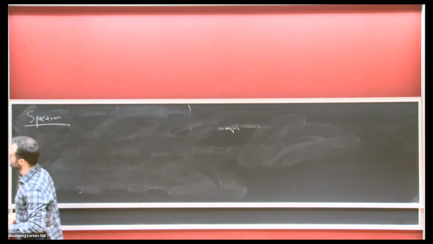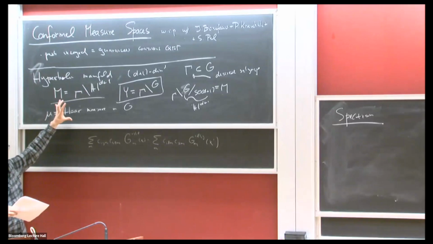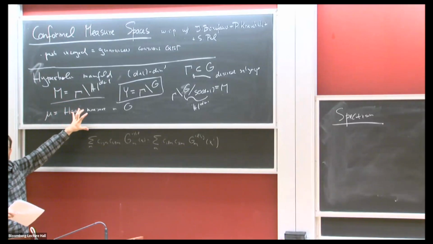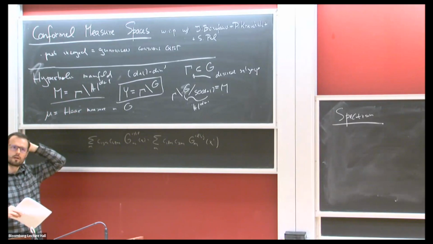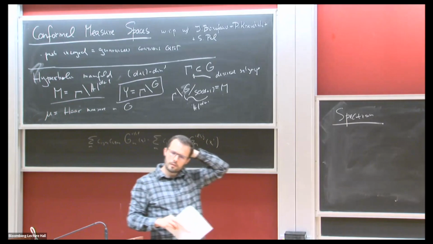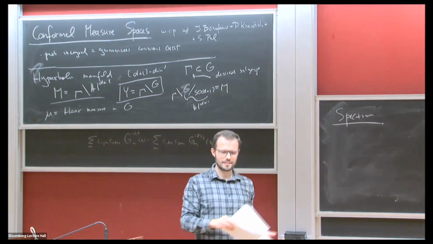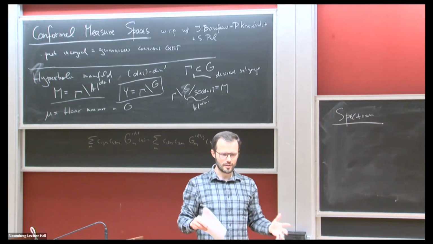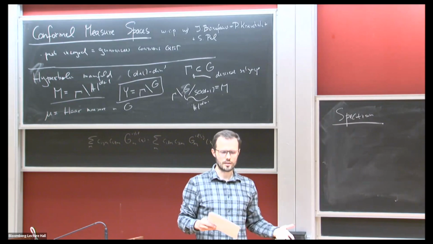Anyway, is it clear why hyperbolic manifolds give rise to conformal measure spaces? Should I say more about that? If you had an actual CFT, what could you characterize? Well, in some particular cases, these things have been constructed. For a free theory, Y is a space of distributions on the sphere or on R^D.